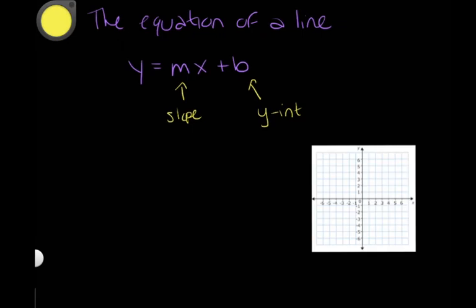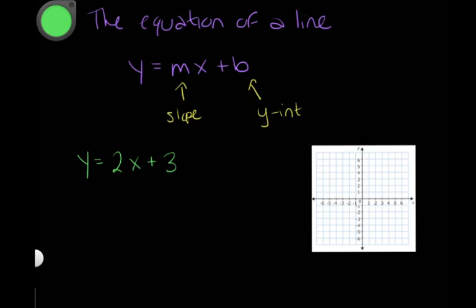Okay, so if we have, for example, let's change the color on here, if we have a line that is y equals 2x plus 3, that means that my slope is 2 and my y-intercept is 3.